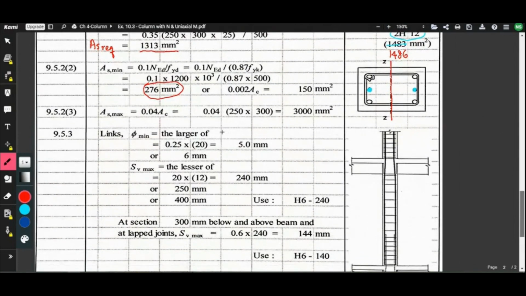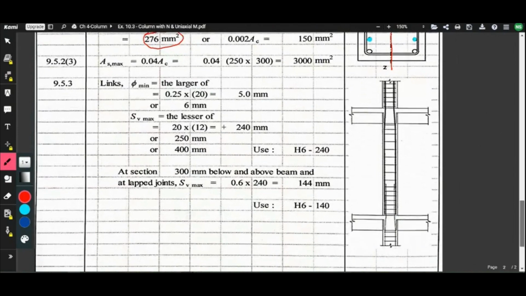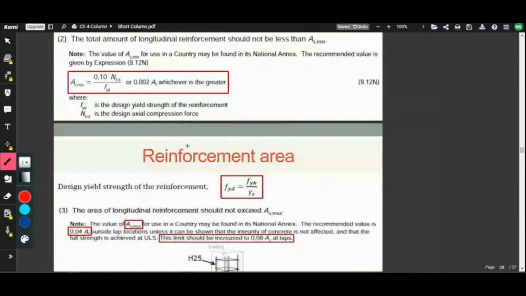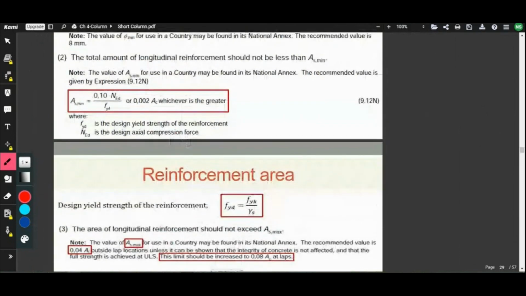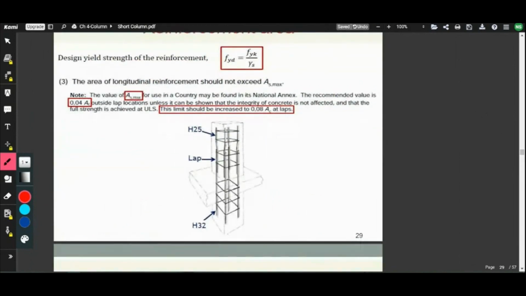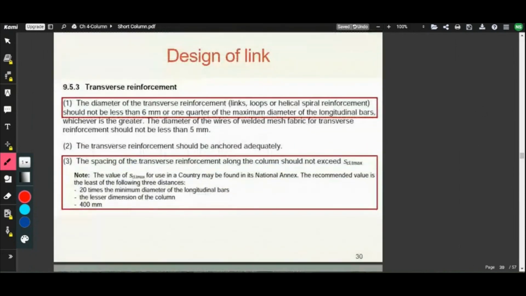Next is to design for the link. This is the equation for As min just now, whichever is the greater, and that is for As max. For the design of link, you have to design for minimum link diameter as well as the spacing.